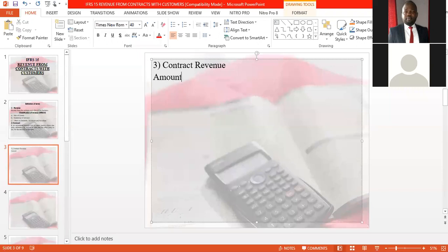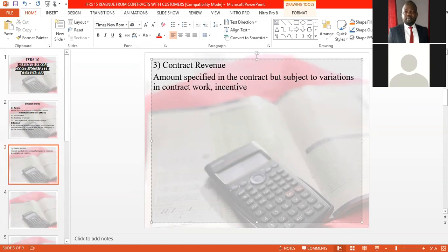Amount specified in the contract, amount that you specify in the contract that you will pay, but subject to variations in contract work, incentive payments and any other claims.